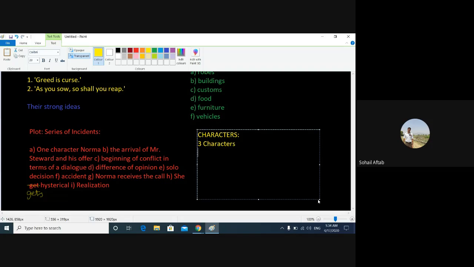But I can name them. One is Norma, the second is Arthur Lewis, and the third one is Mr. Stewart, and that's it. But today I don't want to tell you the names of the characters. I want to discuss with you some important characteristics of the word character. The characters in novels and stories have been divided into two major categories.